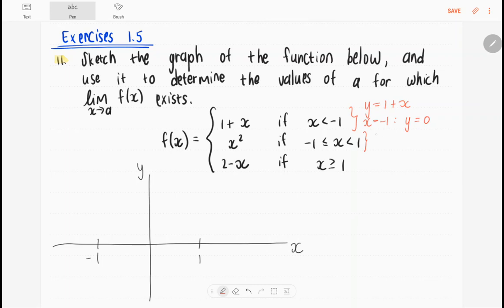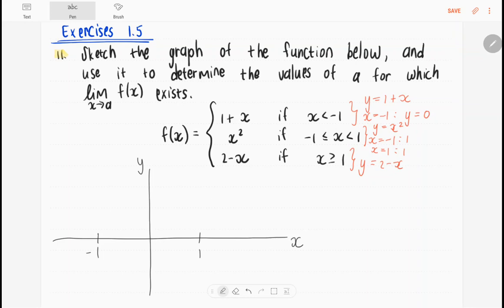Then, in this case, we have y equals x squared. So when x equals minus 1, we have 1. And when x equals 1, we also have 1. Finally, we have the case where y equals 2 minus x.